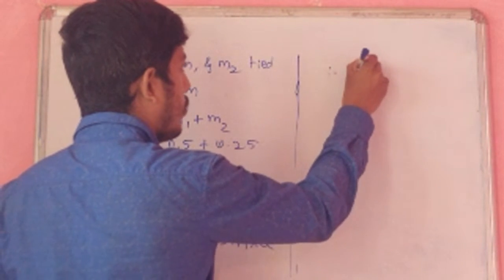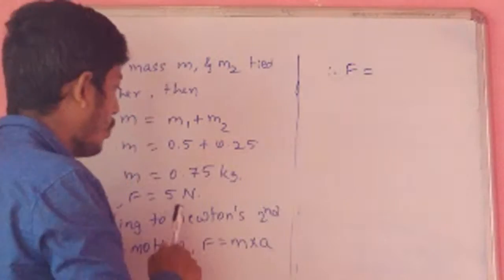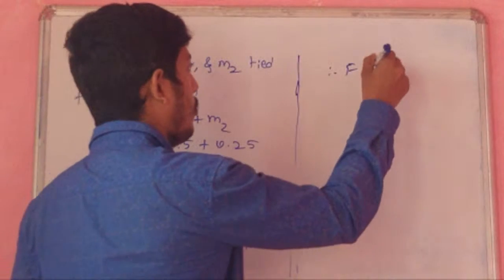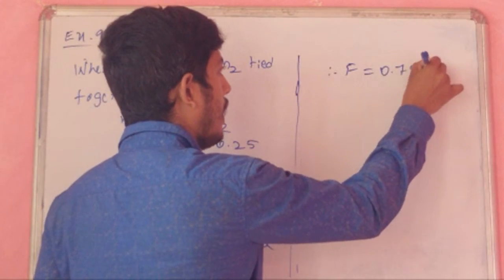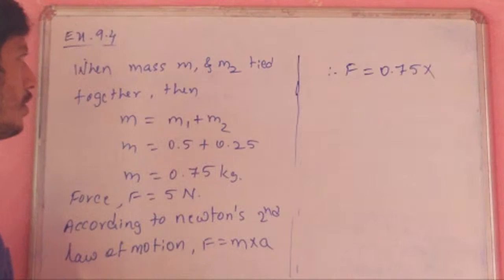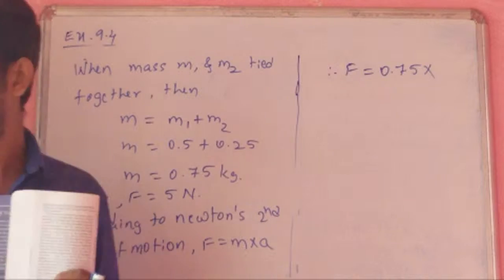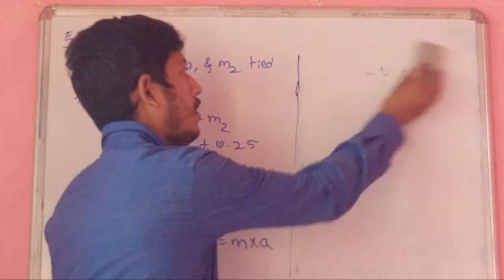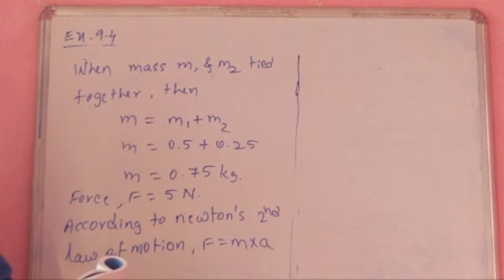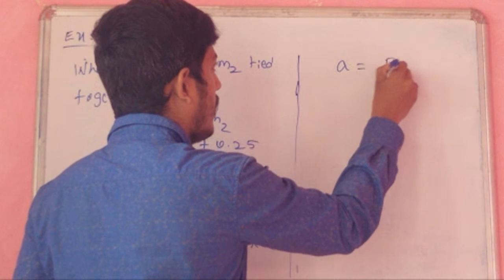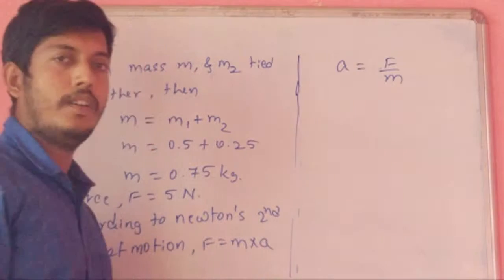So F equals m value, and in this case both masses are tied together, therefore it becomes 0.75 into acceleration. Oh, sorry, acceleration is not given here. Instead of that, force is given. Therefore I will first rearrange the formula: a equals F divided by m.